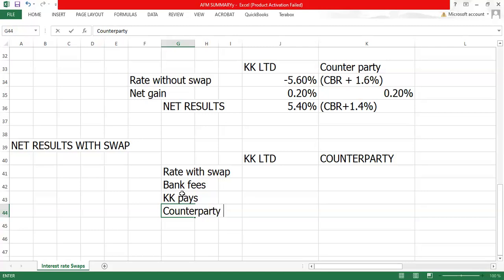The counterparty pays how much as well. So we'll also follow the rule. These are things that you need to always follow; your workings should flow in this format. Then after that, you have to get your net results.